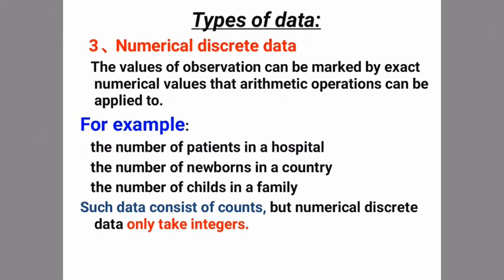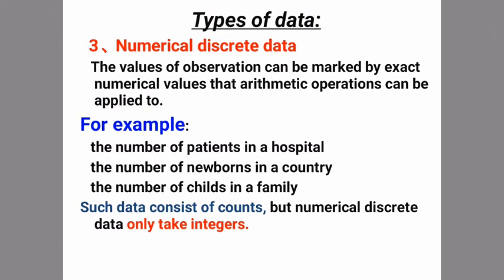So it is impossible for a baby to have 6.8 teeth. It is impossible. Maybe 6, maybe 7. It is impossible to have 6.6. Such a value is impossible, so we call such data numerical discrete data.